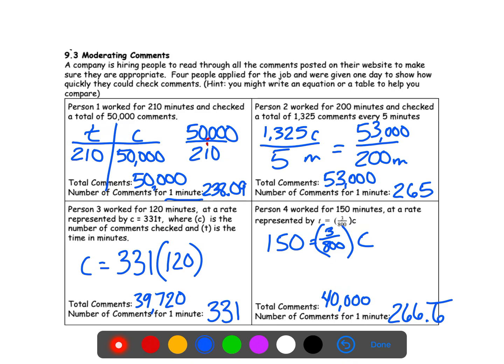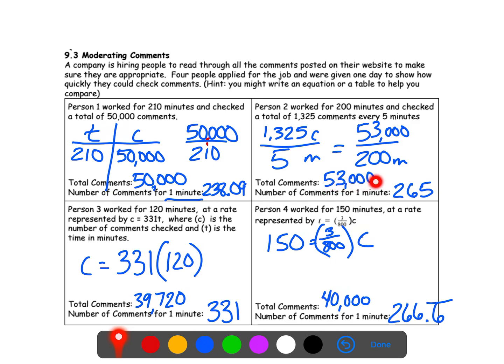All right, now we have all that information to compare. If we were the hiring person at this company, we want someone fast, we want the most efficient person to hire for the job. And the first question there says, order the people from greatest to least in terms of comments checked. That's the total number of comments. So we're going to look at our answer to this first question.